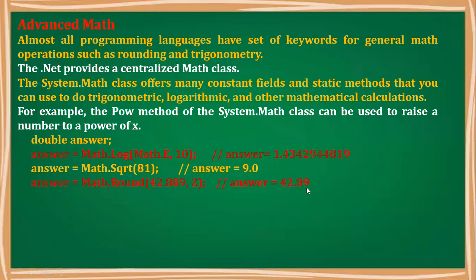No. When the last digit is above 5, 88's last digit 8 is above 5, so it will round up to 9. So don't be confused here by the answer 42.89. The actual rounding to two decimal places is 42.88, but as the last digit is 5 or above, it becomes 1 plus, so it becomes 42.9.